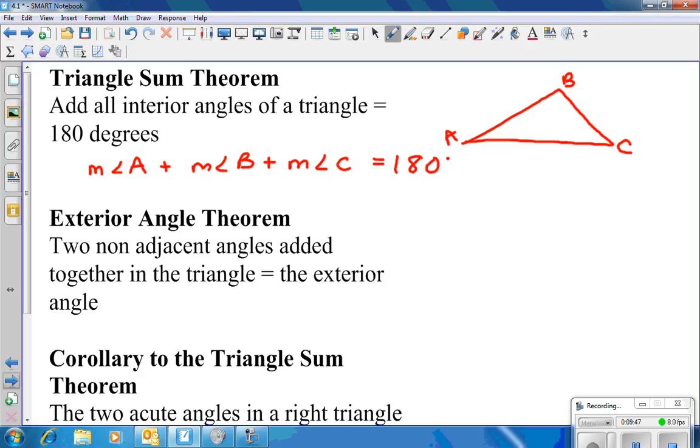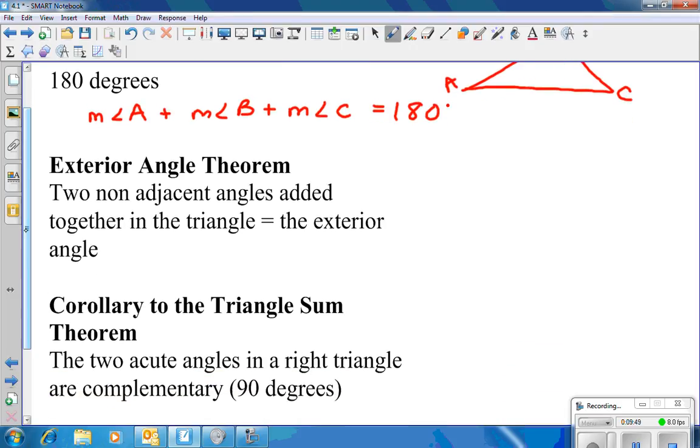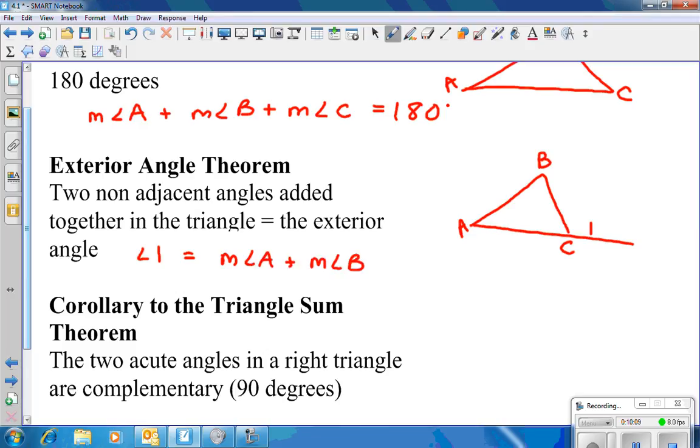Okay, a nice thing to know, and these are a lot of times on your ACT, if you have a triangle with one of the sides extended out, that angle 1 is going to be equal to the other two angles, the measure of angle A plus the measure of angle B. And if you think about it, 180 minus this angle gives you angle 1.